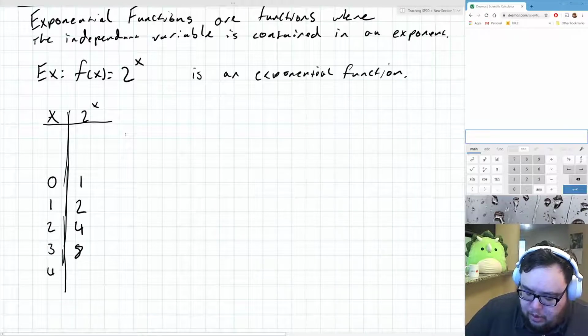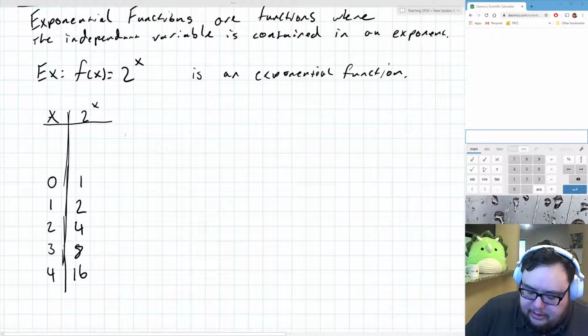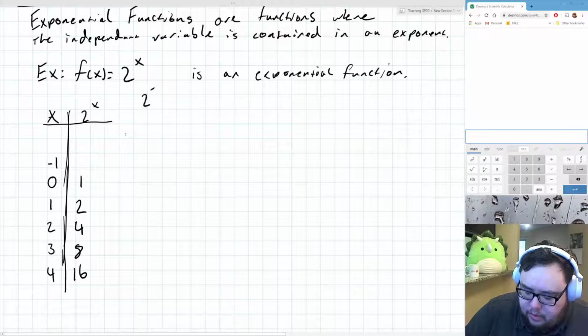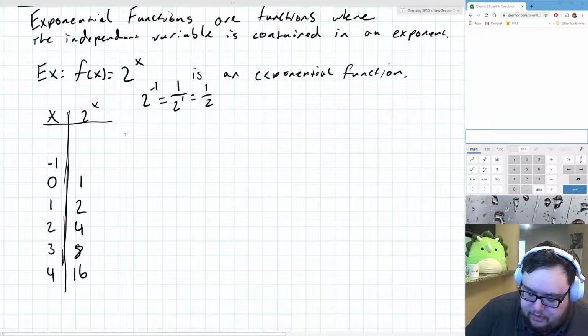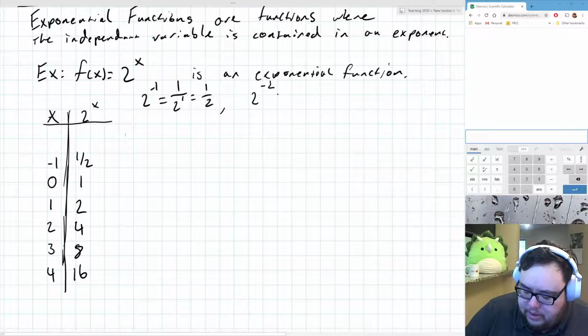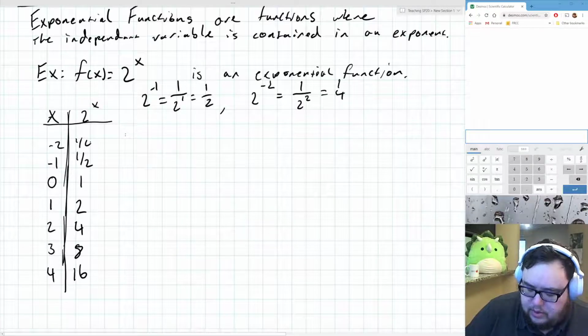And 2 to the power of 4 is 16. If we go in the other direction, 2 to the power of negative 1 is 1 over 2 to the 1, which is 1 half. 2 to the power of negative 2 is 1 over 2 squared, which is 1/4. And negative 3 will be 1/8.